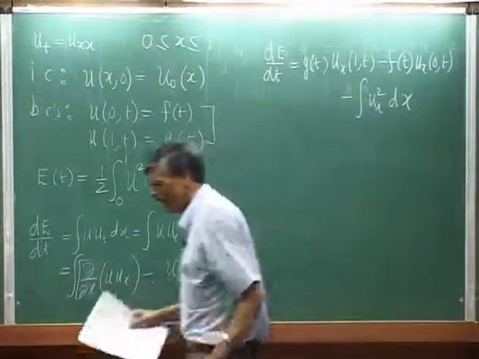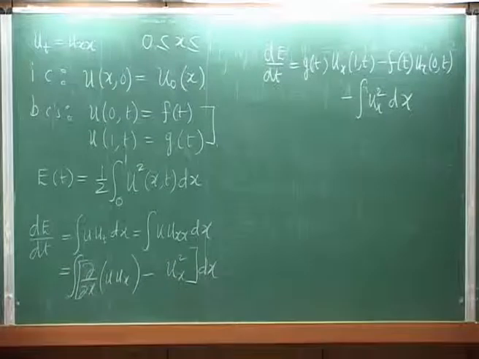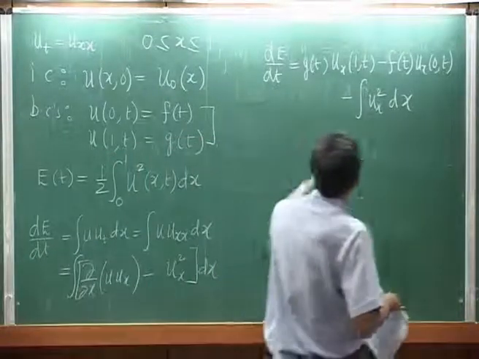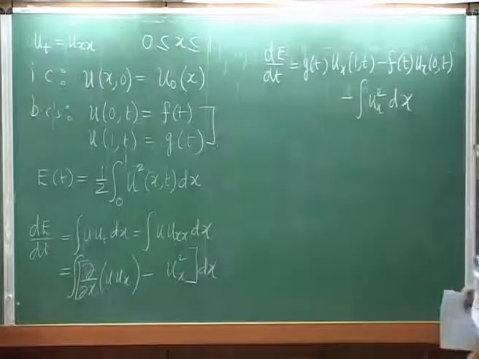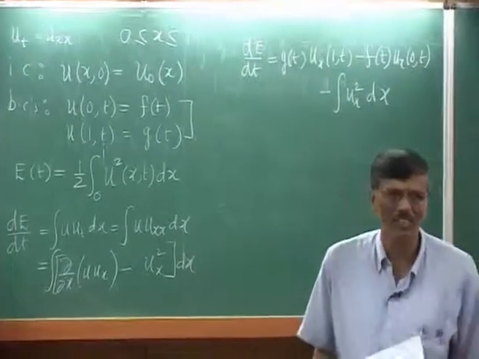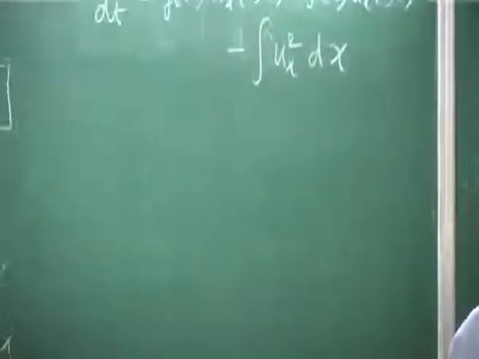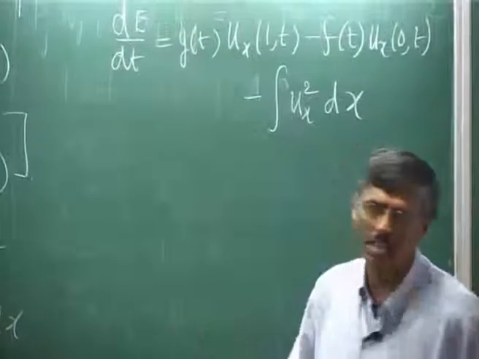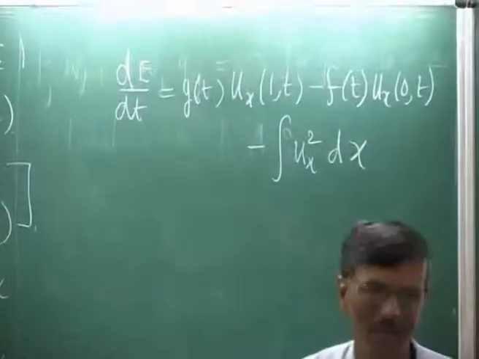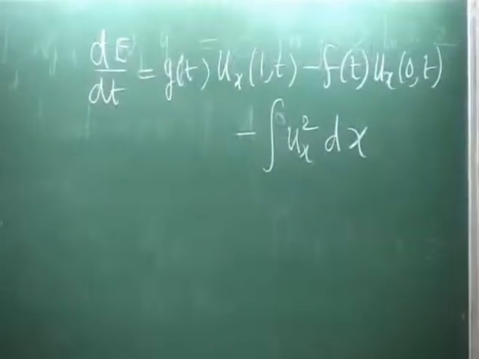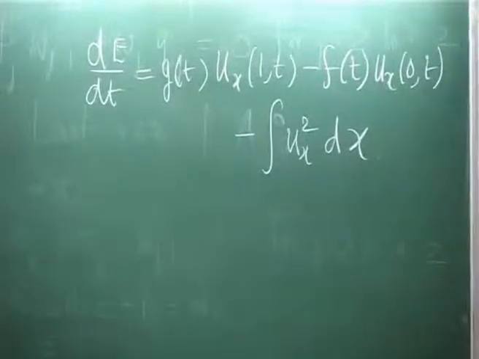And I think we did reach up to here, and then we took the fork in the road by saying that suppose f and g are 0, and we just trigger the problem by initial condition alone, and then we made the observation that that energy functional is a decaying function of time, and we have a damped system, and that was what we were calling a kind of physically stable system.